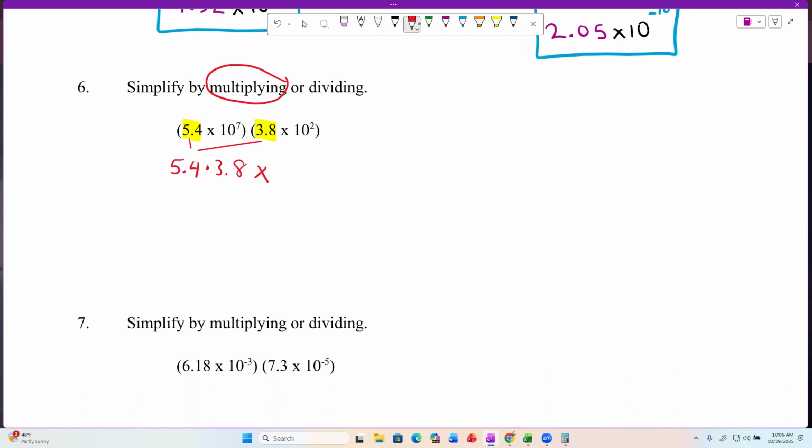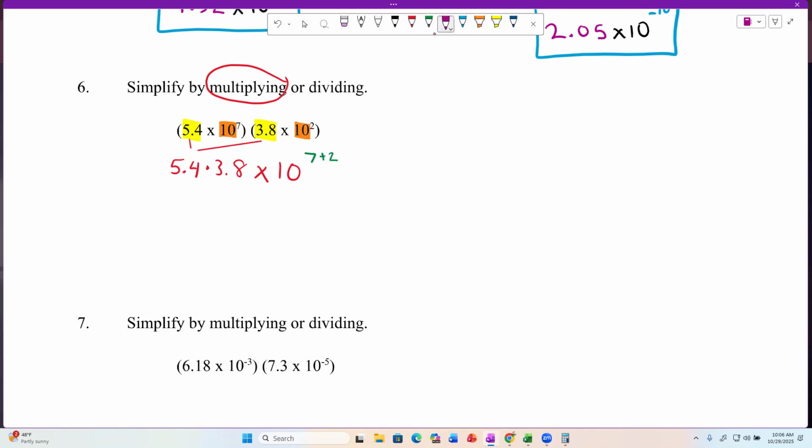The times 10, it's going to stay at times 10. And then when you're multiplying exponents and they have the same base, so both of these have the same base, the exponents themselves, the 7 and the 2, are going to be added.